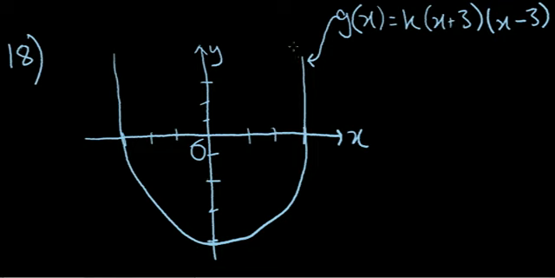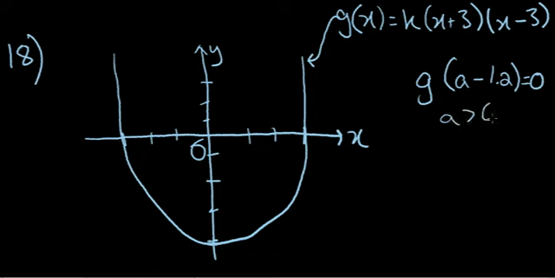For some constant k, if g of a minus 1.2 equals 0, and a is greater than 0, then what is the value of a? So we need to find function g of a minus 1.2.